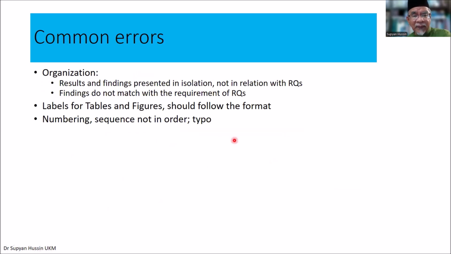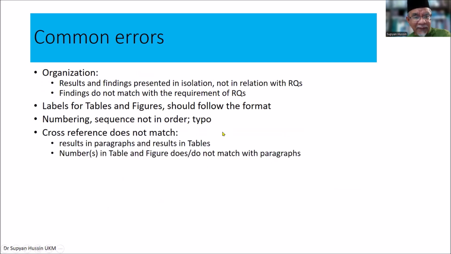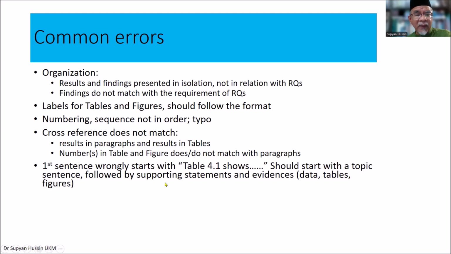The labels for tables and figures should follow the format given by the university. Numbering sequence not in order, these are common errors that we found in many theses. The cross-reference does not match. Make sure the numbers that you mentioned in the table match with things that you mentioned in the paragraph and vice versa.